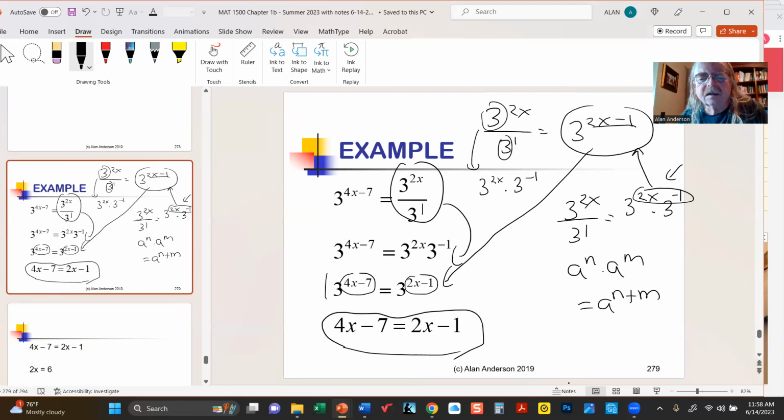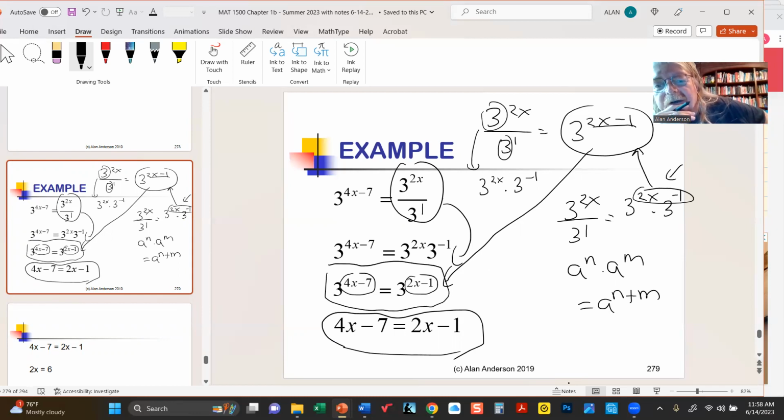So this line comes from that. Basically, I took this ratio on the right and reduced it to 3 to the 2x minus 1 power. And now all of a sudden I can use the one-to-one property. Therefore, 4x minus 7 equals 2x minus 1, and the rest is straightforward algebra.